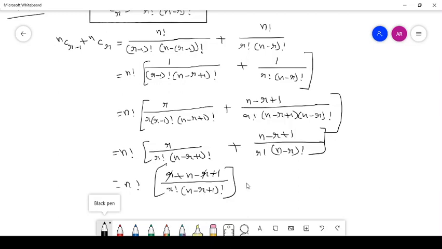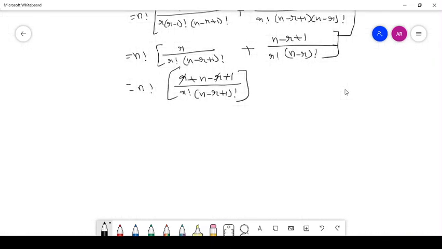So next, this is equal to n factorial into (n plus 1), that is, n factorial into the remaining value (n plus 1) by r factorial into (n minus r plus 1) factorial. Next, (n plus 1) into n factorial is nothing but (n plus 1) factorial.